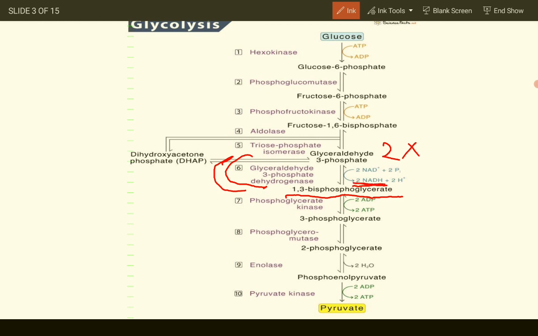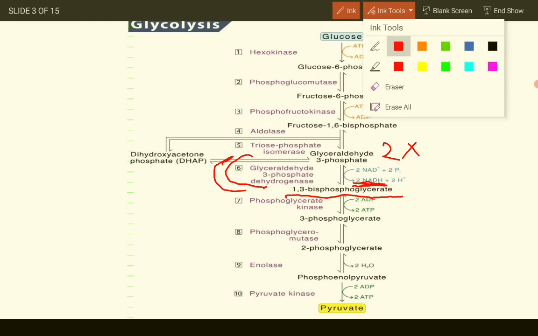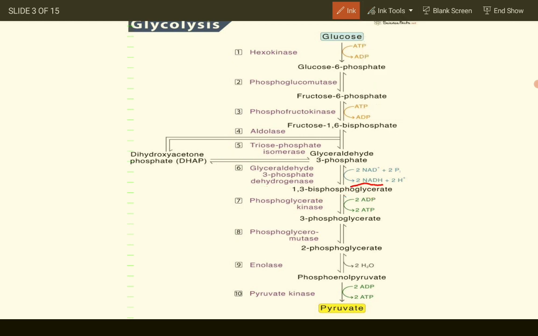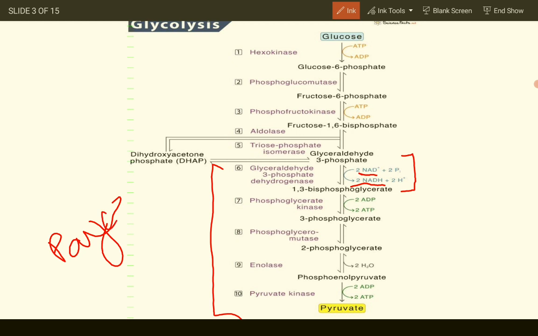This is an important step. Energy is being produced now. From here this is called the payoff phase.